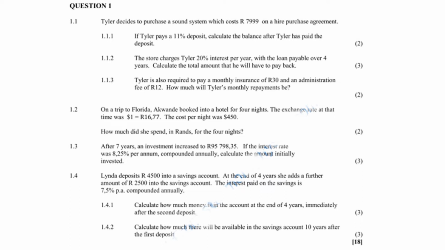All right, with such questions, it is wise to create a timeline. So now let us create a timeline for this investment, for Linda's investment. So Linda deposits 4,500 into her account, and at 4 years she adds an amount of 2,500.